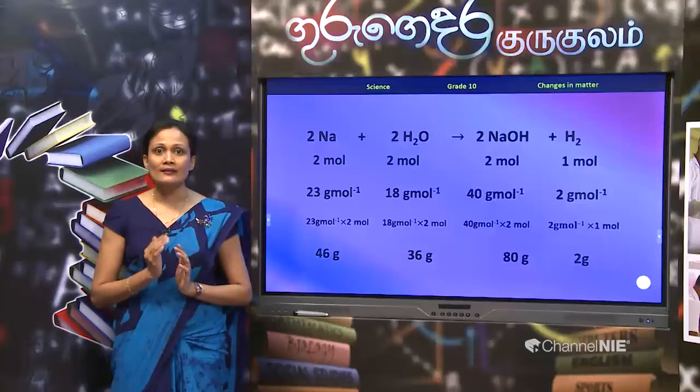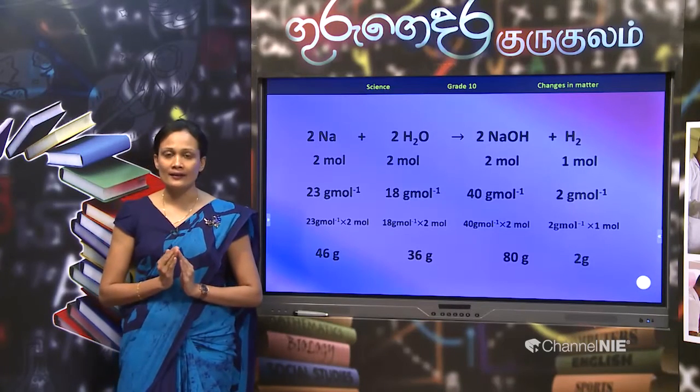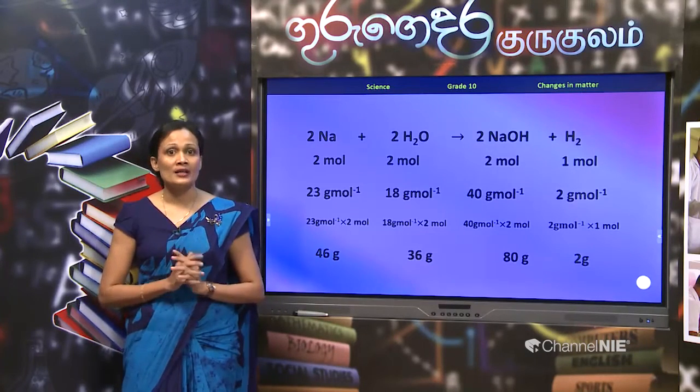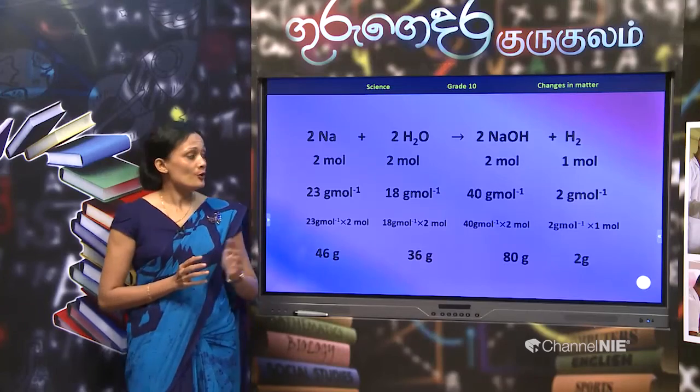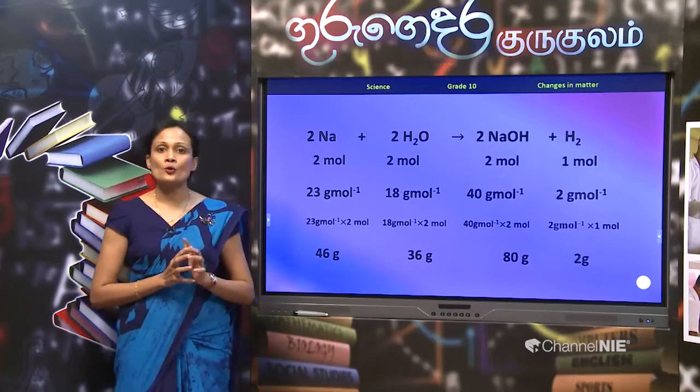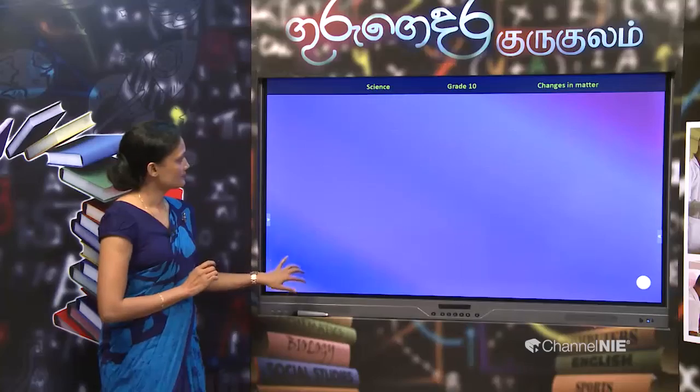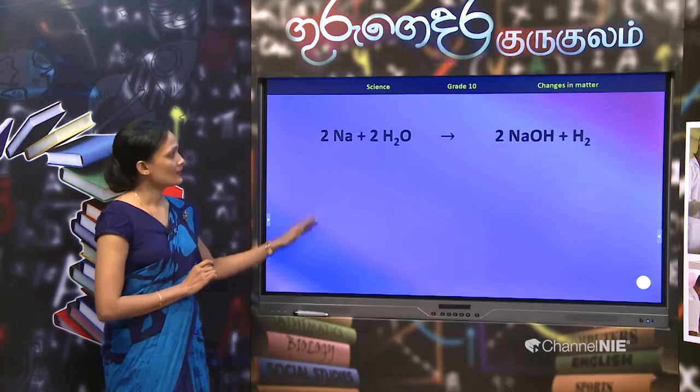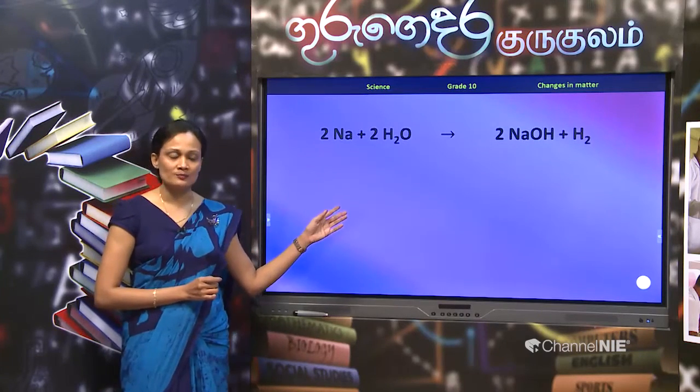In the question, they ask to find the mass of sodium needed to produce 200 grams of sodium hydroxide. Okay, now let's find the mass of sodium needed to produce 200 grams of sodium hydroxide. This is the balanced equation.